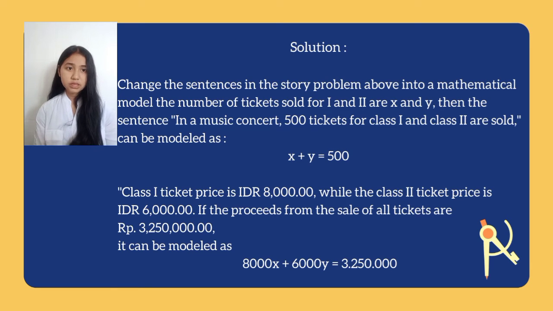Meanwhile, the sentence, the class 1 ticket price is 8,000 while the class 2 ticket price is 6,000, and the proceeds from the sale of all tickets are 3,250,000, can be modeled as 8,000x plus 6,000y equal to 3,250,000.